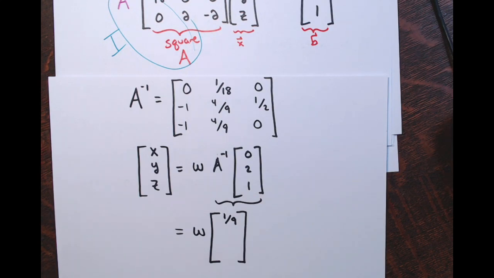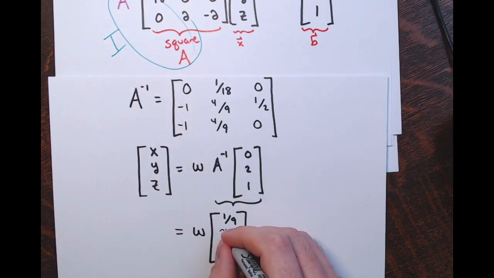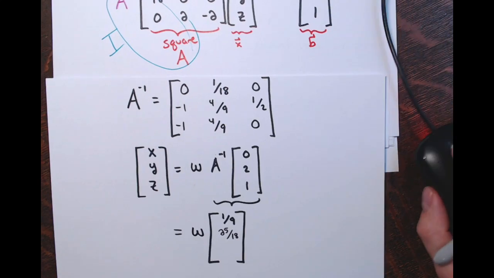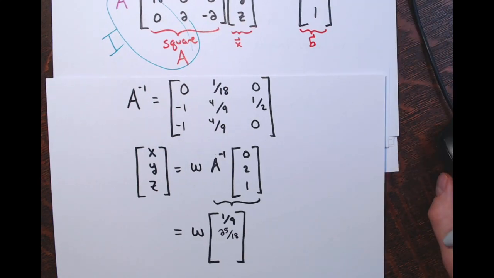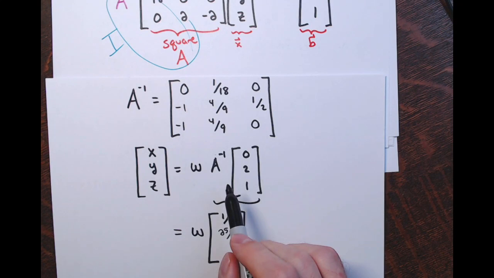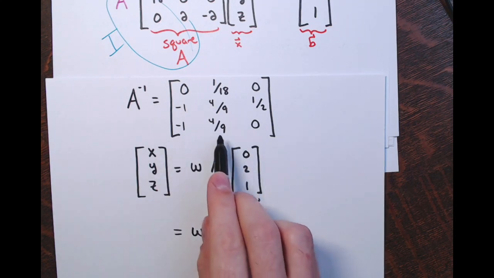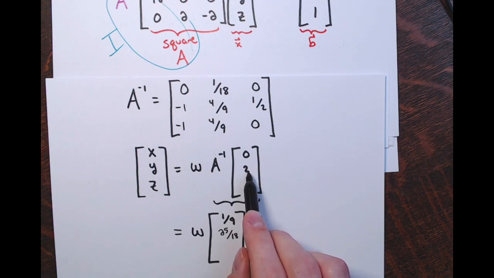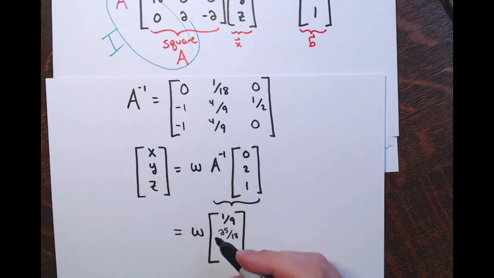Getting a common denominator, that'd be 16/18 plus 9/18. That'd be 25/18. And then the third row, you'd have 0, then 8/9, and 0 again. So just 8/9 at the end.